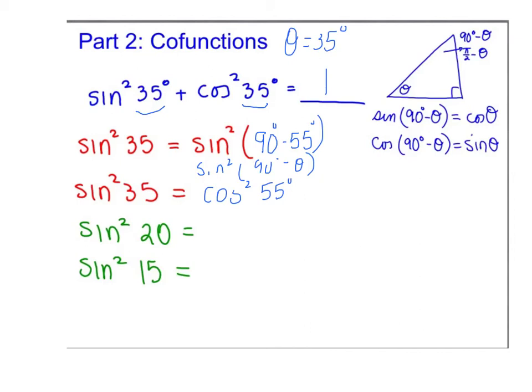All right, so on this green one down here, I might be able to write in green, that would be awesome. Then that would be the same thing as the sine squared of 90 minus 70 degrees. That would be 20 degrees, right? So this would be equal to the cosine of 70 degrees, right? The sine of 15, sine squared, would be the same thing as 90 minus, that would be 75.